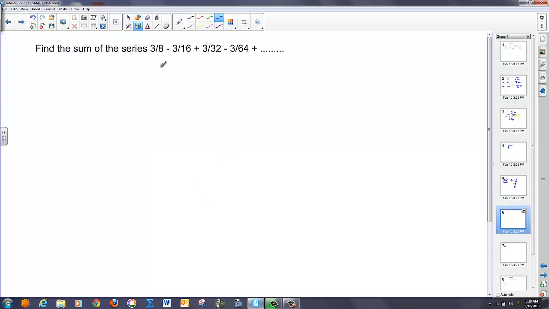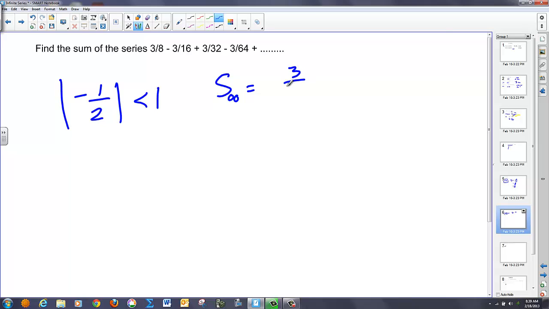Now I take a look at the next series, and I want to make sure that that's geometric. And I look, and sure enough, if I multiply by -1/2, whose absolute value is less than 1, that is geometric. So I can use my infinite sum, stating that my first term over 1 minus my ratio is going to give me my sum.